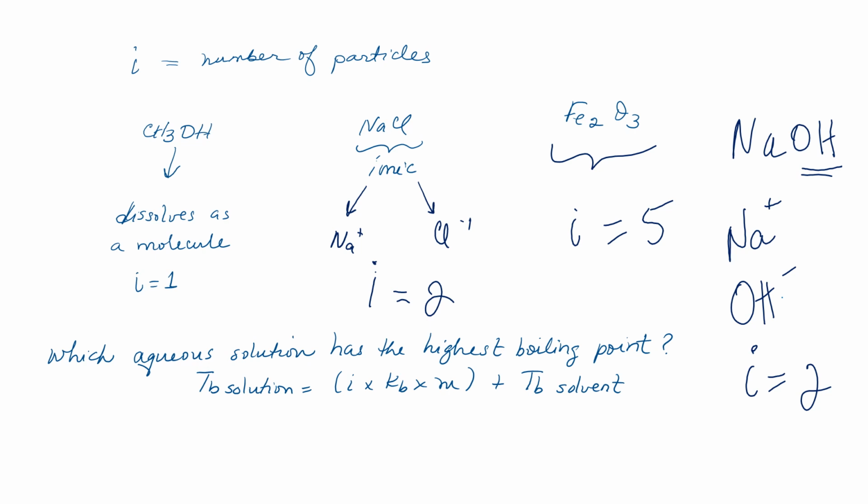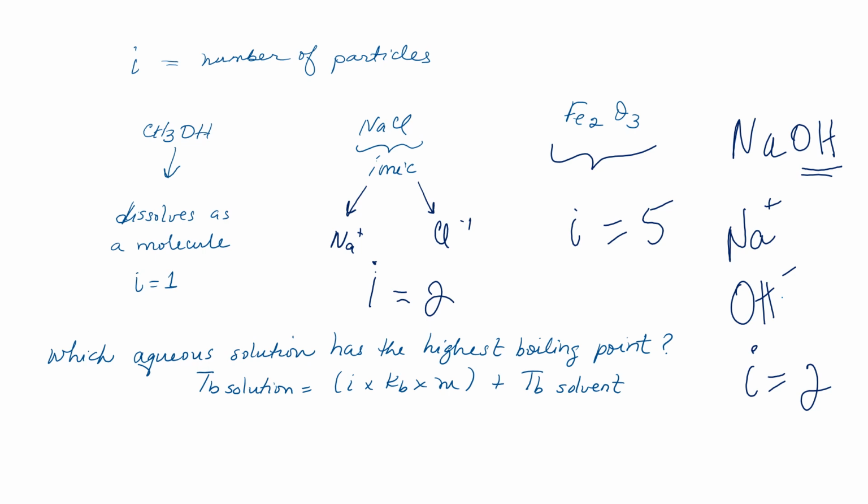When you're comparing boiling points for solutions, your equation is telling you that the boiling point of a solution is equal to the number of particles times Kb times the molality plus the boiling point of the solvent. If the solvent is the same in your different solutions, you will have the same Kb, you will have the same boiling point for the solvent.